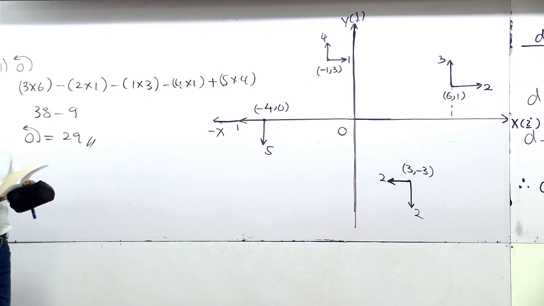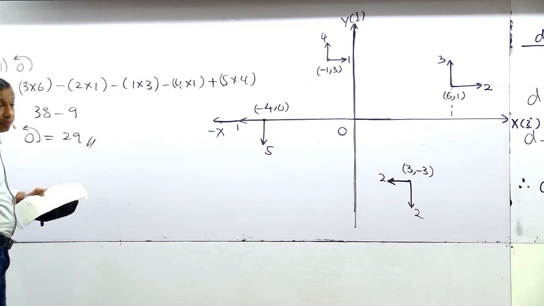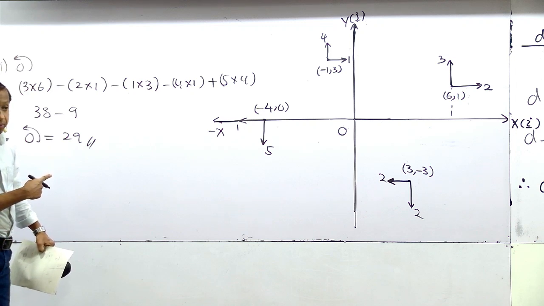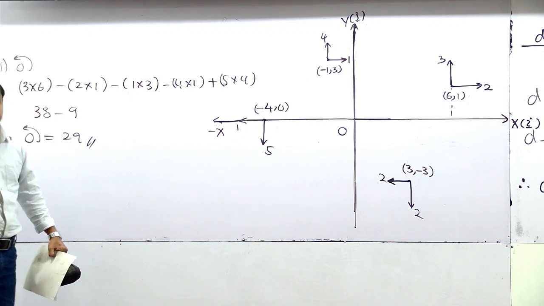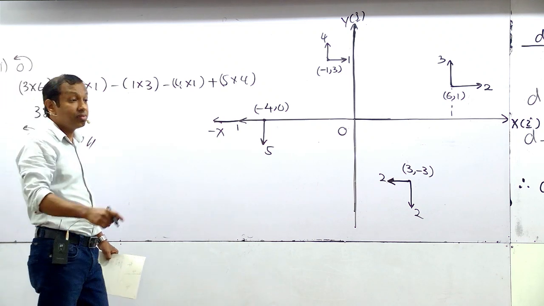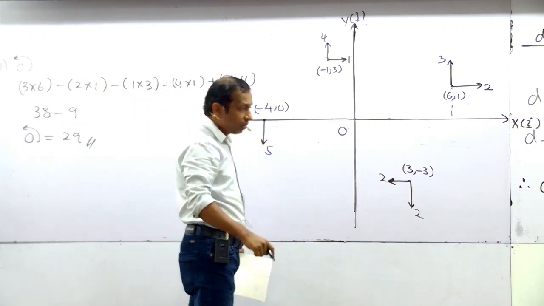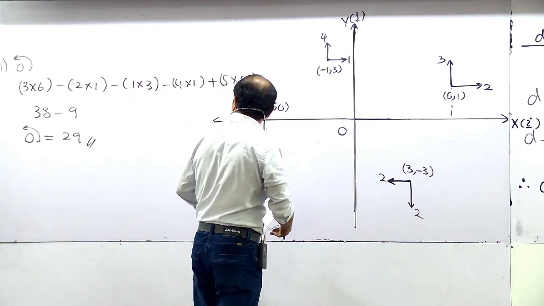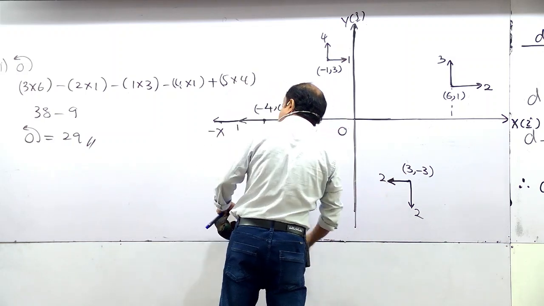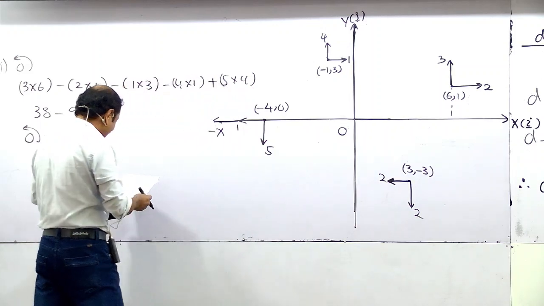Calculate the resultant of the system, number 2. Is this wrong? Who got this answer at the moment? Is it correct, no? Huh? Is it wrong? What is that? This force we didn't take. Yes, that's the problem, no?